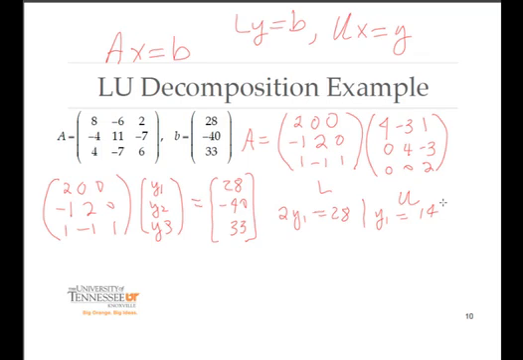Now just go ahead and take the inner product of the second row with the y vector. Negative 1 will be multiplied times y1, so we're going to have negative y1 plus 2 times y2. And that will be set equal to what? Well, again, look at the next component in the B vector, it'll be minus 40.